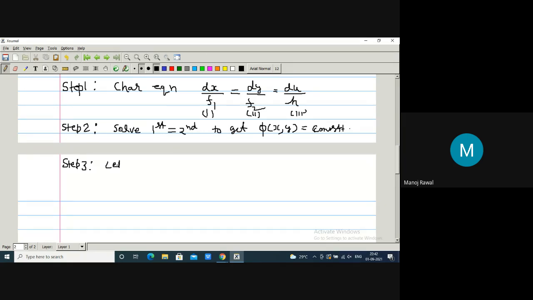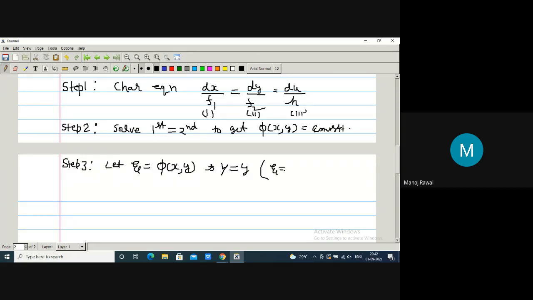Let xi be equal to phi xy, which you will get in the second step, and eta we will assume equal to y, or vice versa can also be done.